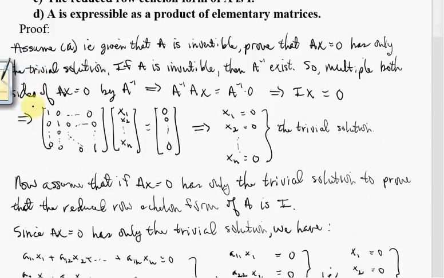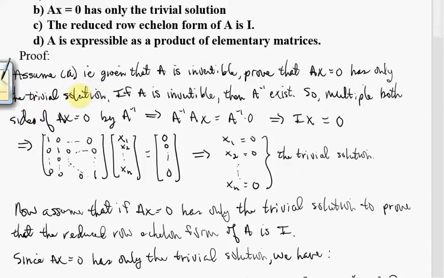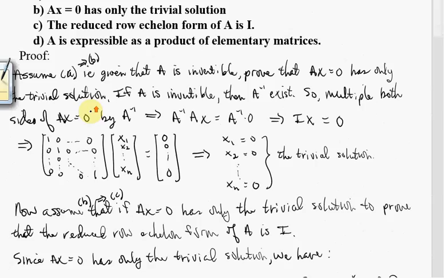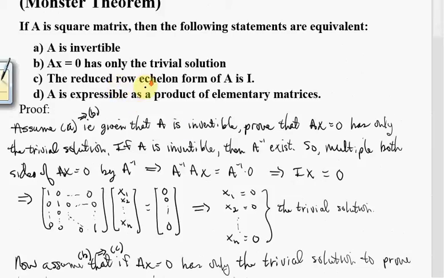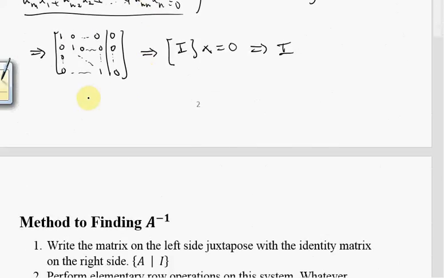I forgot to write assume A. Now assume B to prove C. We assume A to prove B. Now we assume C to prove D. More space.